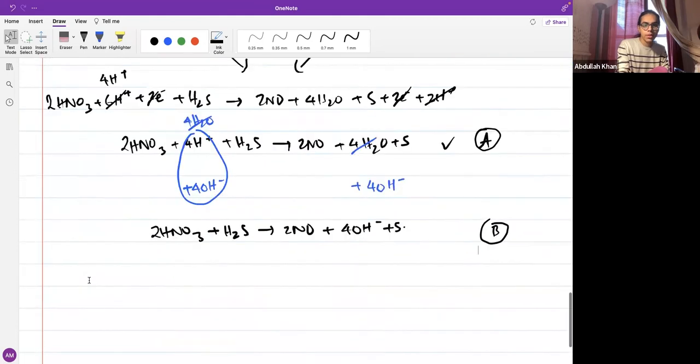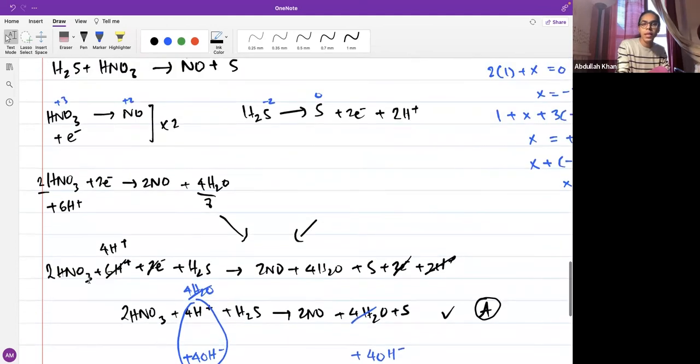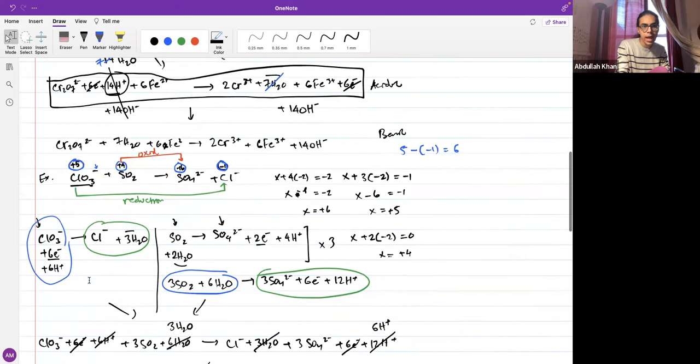Let's move on to a slightly different topic, which is, by the way, you can also be asked, instead of balancing a redox reaction, just to balance one of the halves.